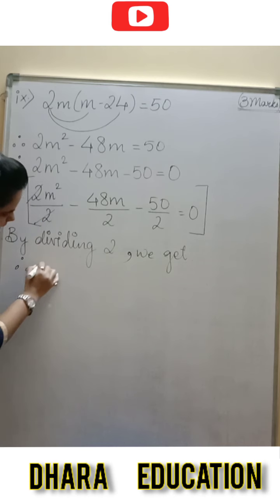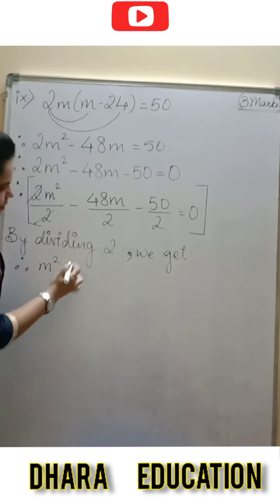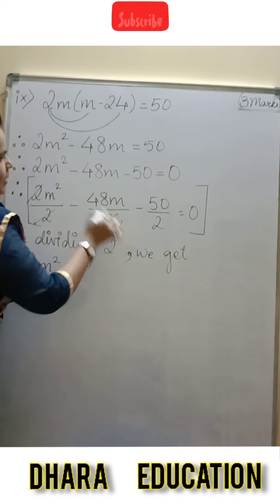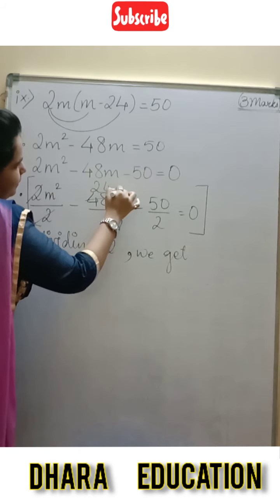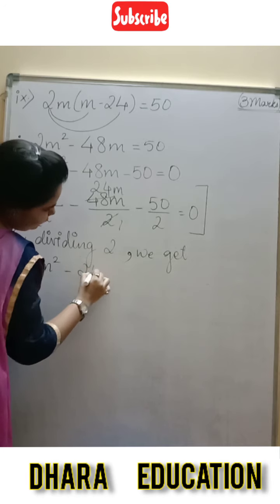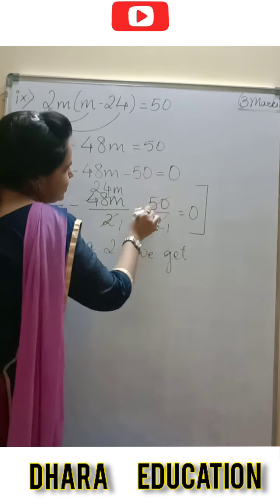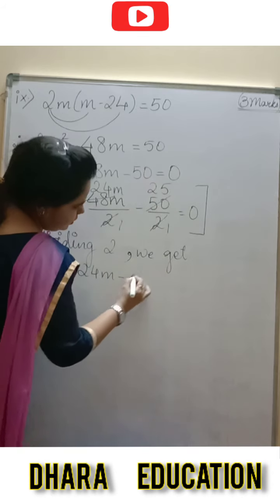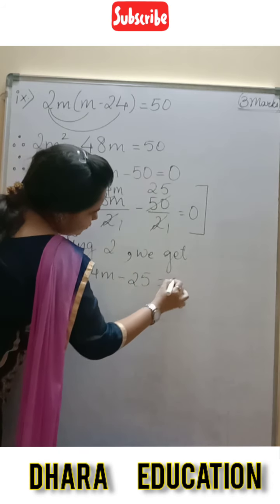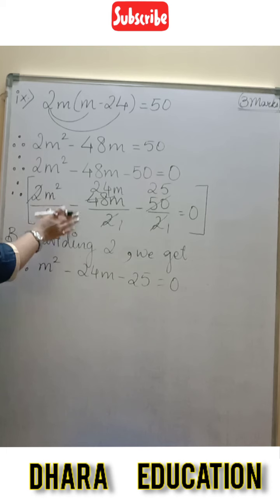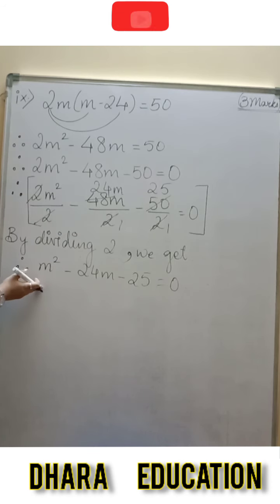We are getting only m square minus 24m minus 25 is equal to 0. So I have just divided by 2 so that I may get the standard form. That's it. So it is in the standard form.